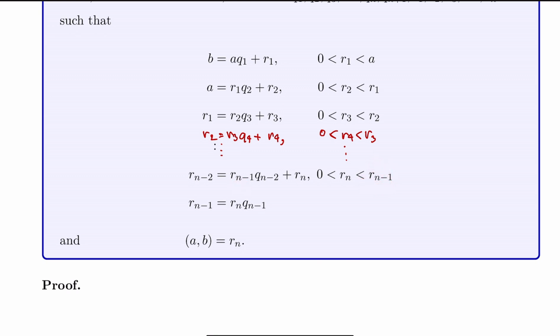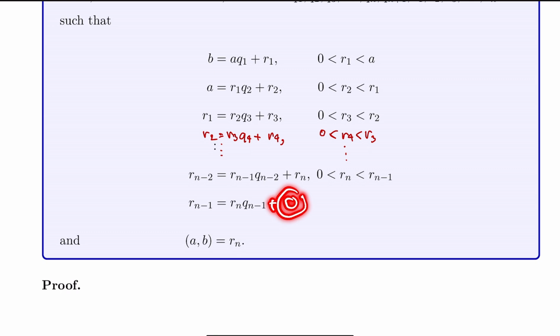Okay, so once we have this equation, and rn is the last remainder, if we divide r(n-1) by rn, we're going to have r(n-1) equal rn times qn. So the last equation has no remainder.